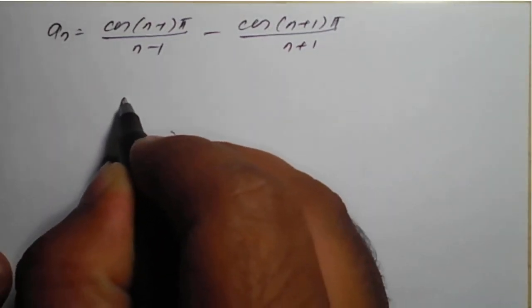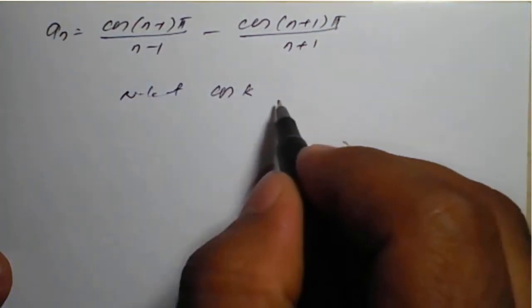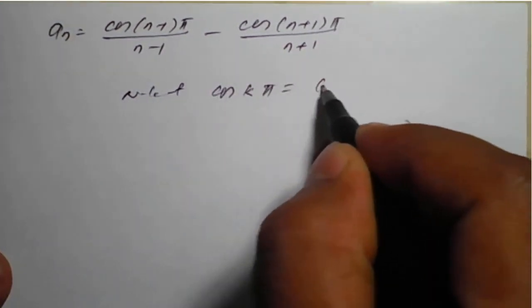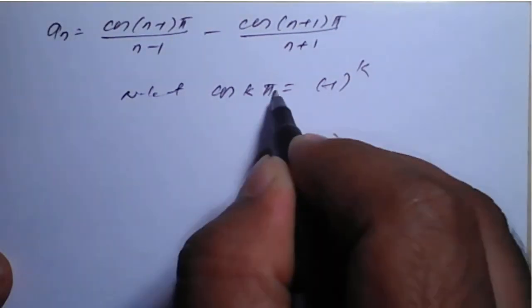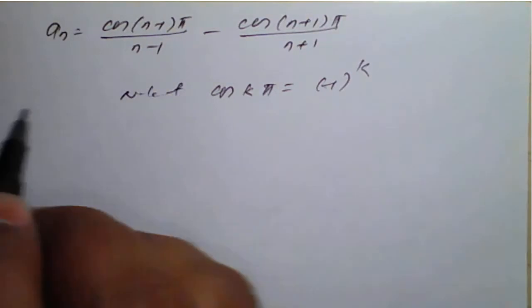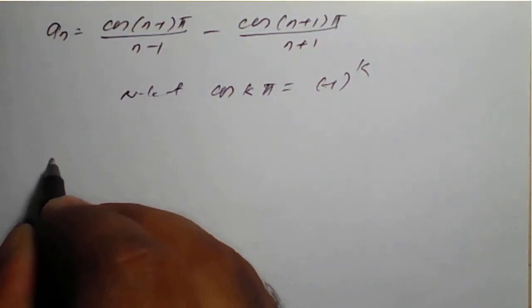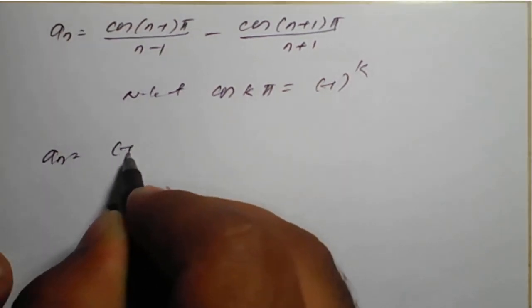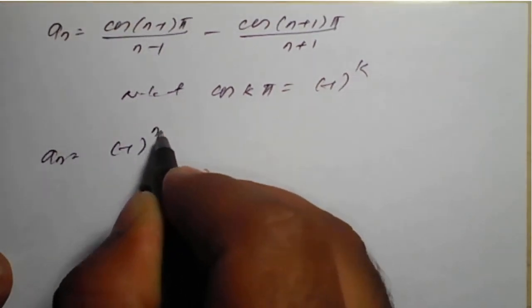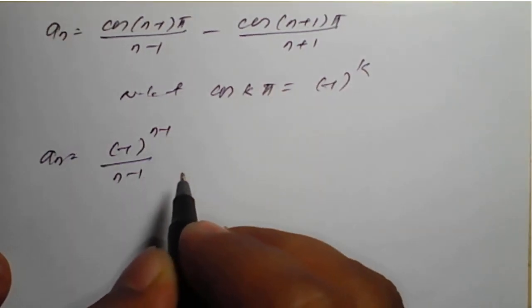As we know, cos of k pi can be written as minus 1 raised to k. Cos of n pi is nothing but minus 1 raised to n. Cos of k pi is equal to minus 1 raised to k. Therefore cos of (n minus 1) pi can be written as minus 1 raised to n minus 1 divided by n minus 1 as it is.